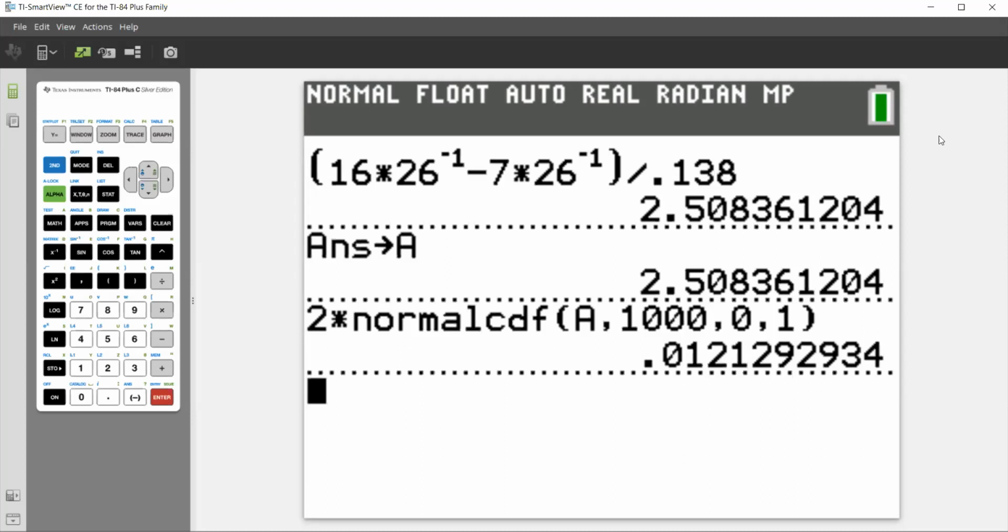Because it's still possible that the null is false. It's possible. Now, why would we not reject? If the p-value, in other words, was greater than alpha. For example, instead of a 5% significance level, let's say alpha was 0.01. 0.012 is larger than 0.01.